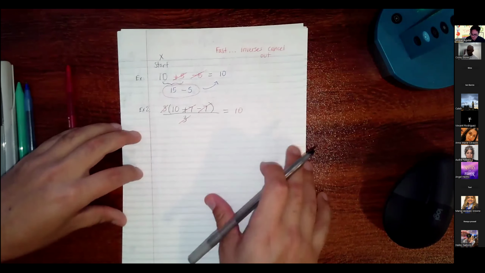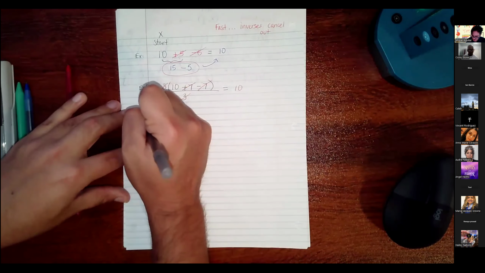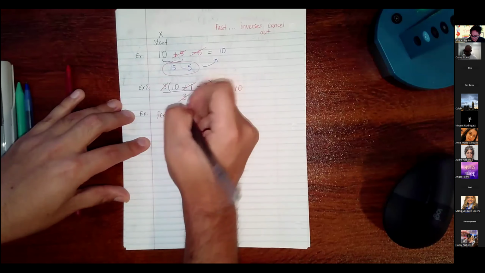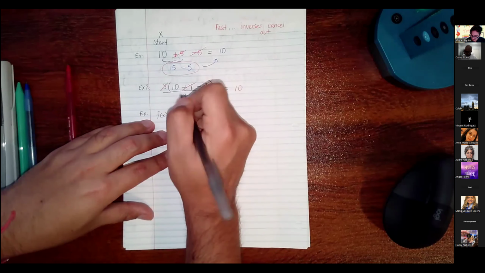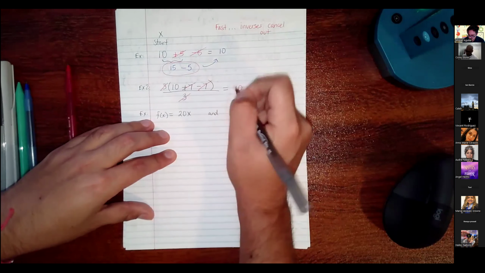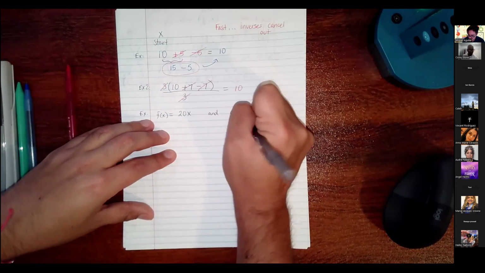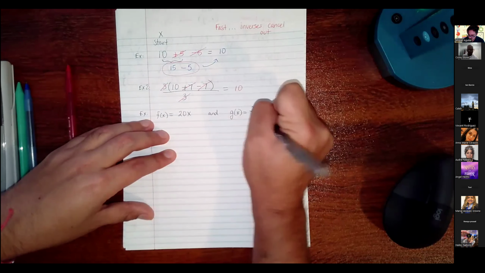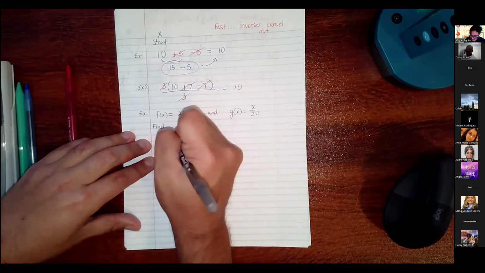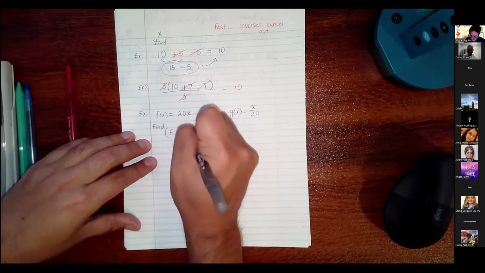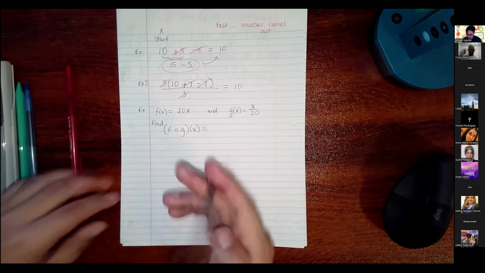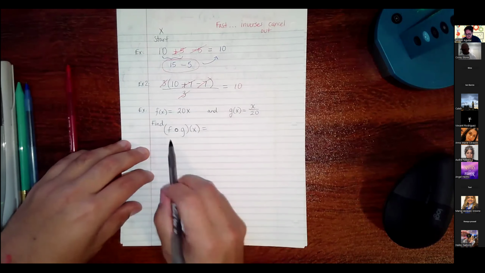Okay. So now, maybe the harder example is like, let's say I gave you a function f of x is equal to 20x, and g of x is equal to x over 20. And I asked you to find f composed with g of x. Do you guys remember how to do these problems?